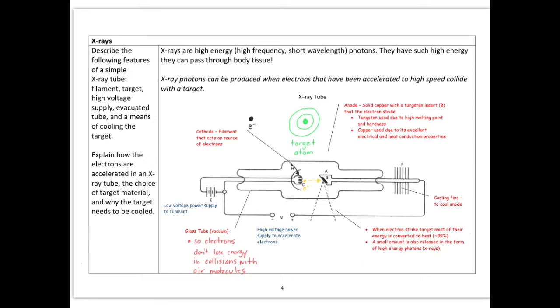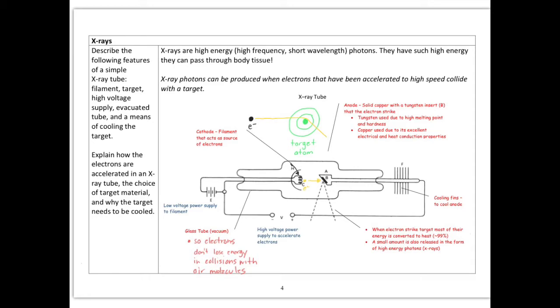Just in terms of the theory of how the X-rays get produced from the collisions in this target, what essentially happens is we'll use this diagram up here at the top. We have an electron and it gets fired at very high speed into the target atom, and it will pass very close to the nucleus and be deflected or lose energy in those interactions with the nucleus.